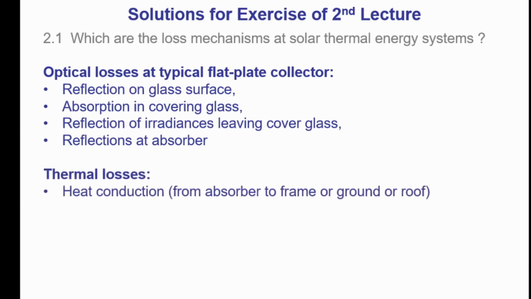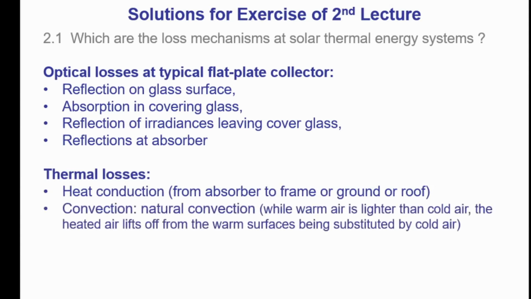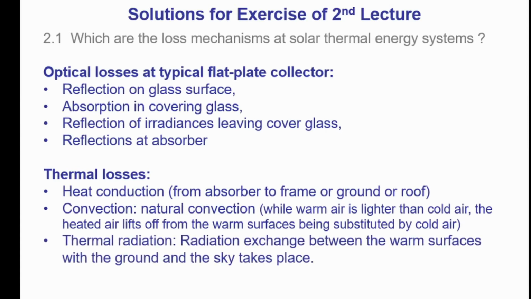Then we have the thermal losses. This is the heat conduction from absorber to the frame or the ground or the roof. Then we have convection, the natural convection. The warm air is lighter than the cold air and it's lifted off from warm surfaces and is substituted then by flowing cold air. And thermal radiation, so there is a radiation exchange between the warm surfaces, between the ground, especially between the sky.